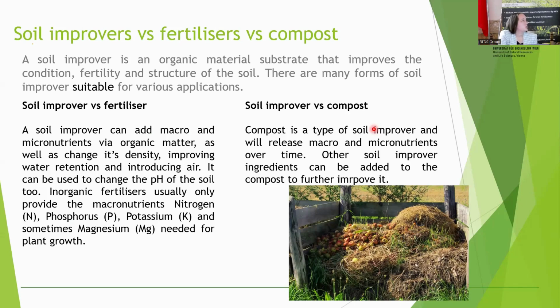It can also be used to change the soil pH. And this is something we should keep in mind for later. And as a difference, inorganic fertilizers usually only provide the macronutrients, so N, P, and K, and sometimes also magnesium, that are needed for plant growth, but usually they do not have a positive effect on the soil structure.